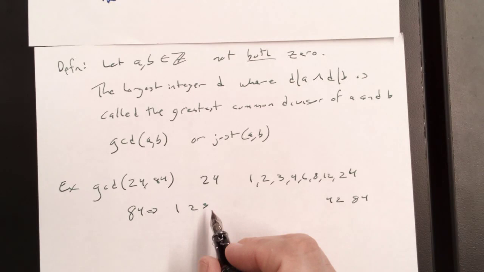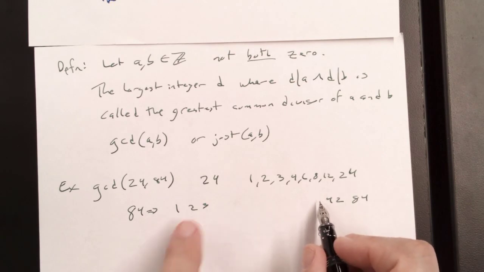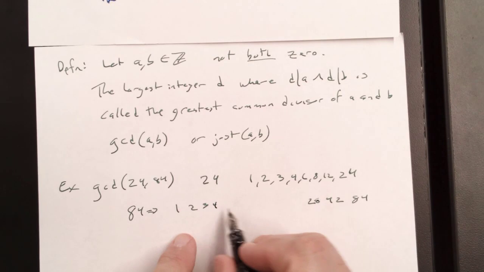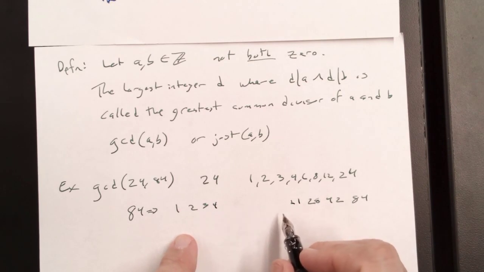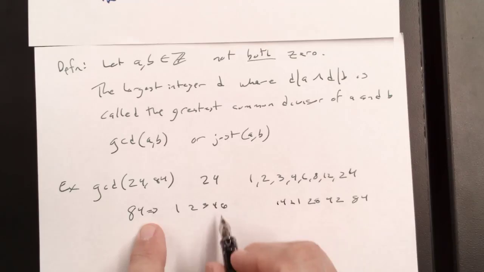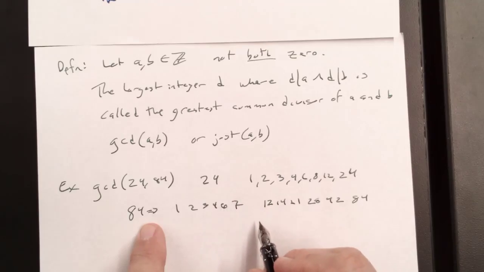3 and, you have calculators. You do not have to do this in your head. 3 times what gives me 84? 28. 4 times 21. It's not 5. 6, we said it was divisible by 6. 6 times 14. 7 times 12.